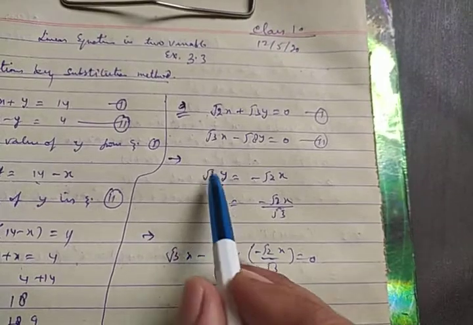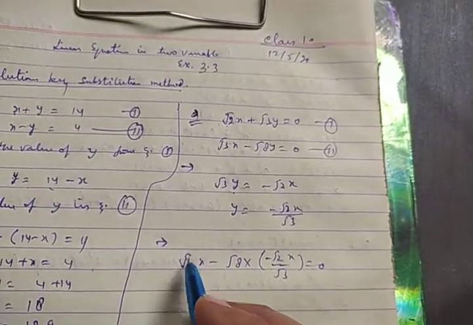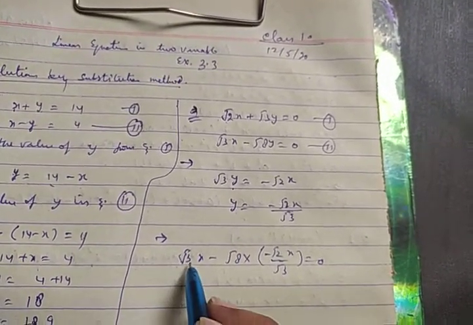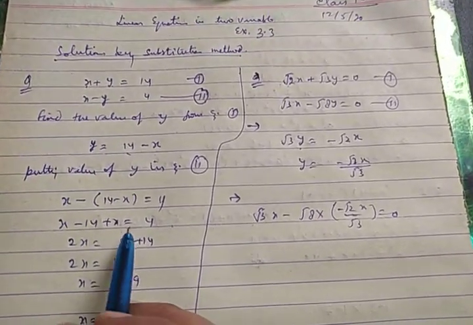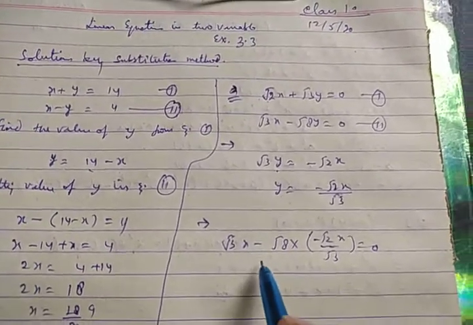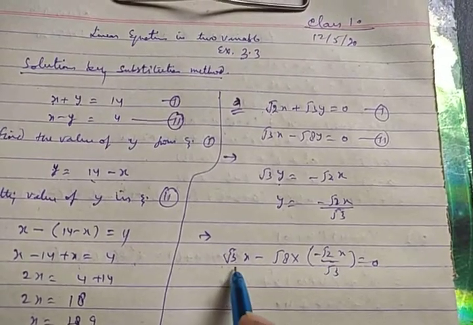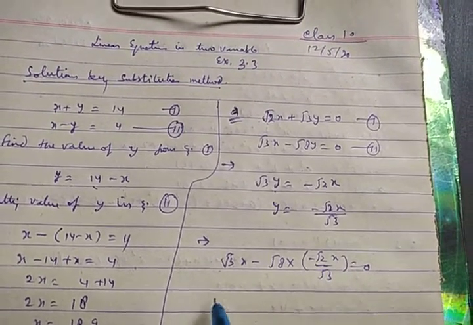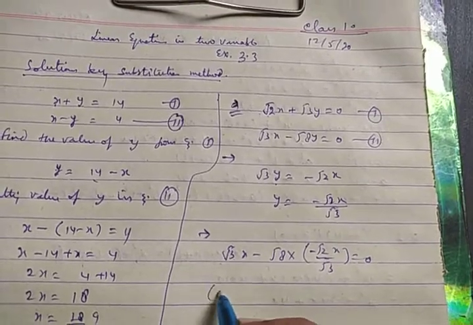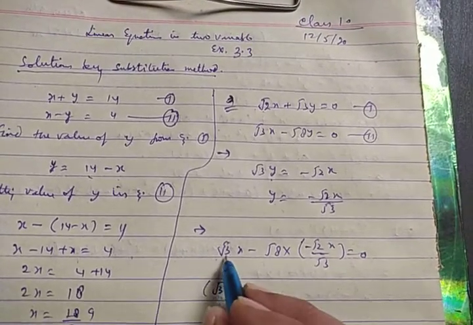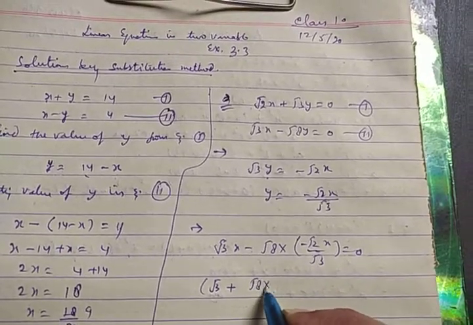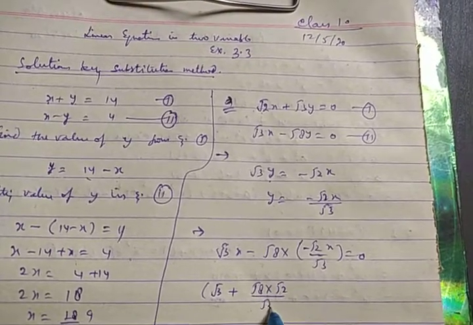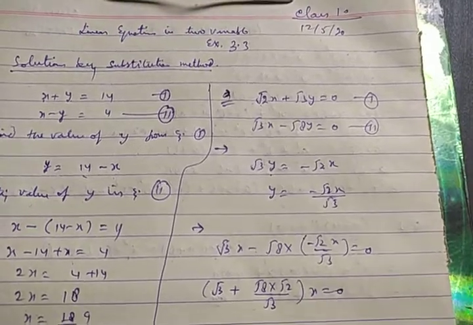You have to insert the language yourself, I am not writing it here. Now these values will not be simplified further. As in the previous question, this has become x plus x. Simply take x common, and whatever is left goes inside the bracket. In the bracket you will have root 3 plus root 8 into root 2 upon root 3, times x, is equal to 0.